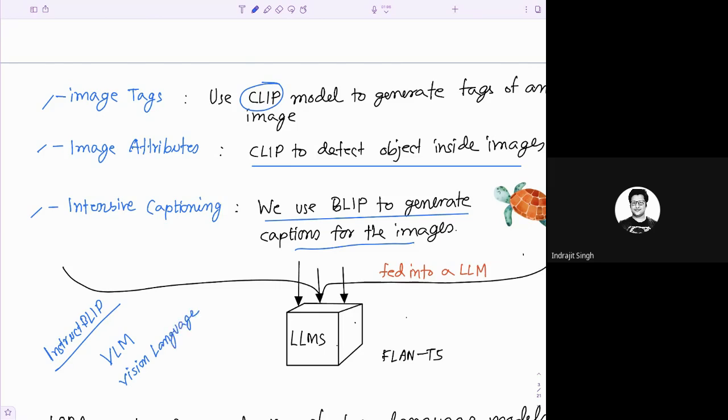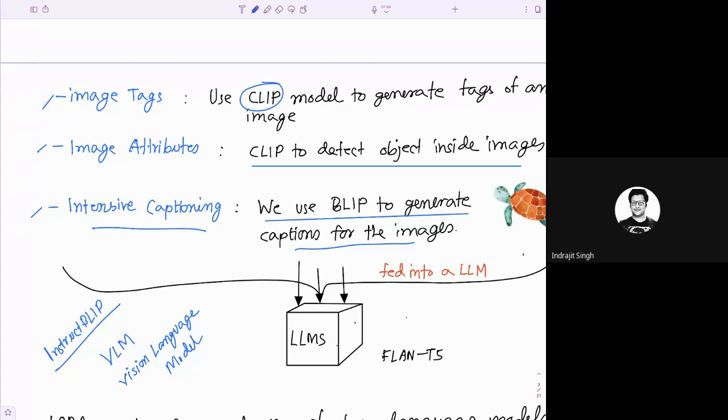Now this BLIP is being used for intensive captioning. The vision language model was published some time back by Hong Kong University and Salesforce Research. Both collaboratively did that.